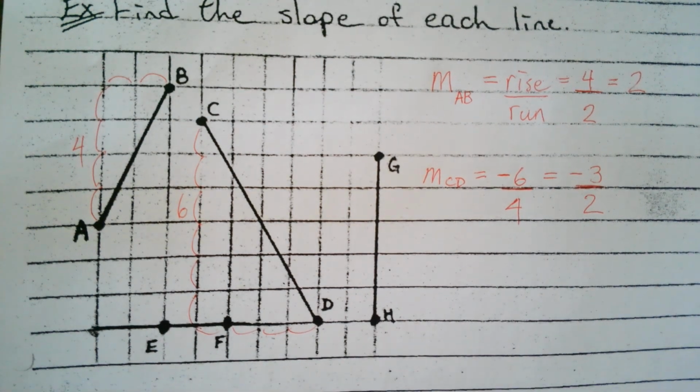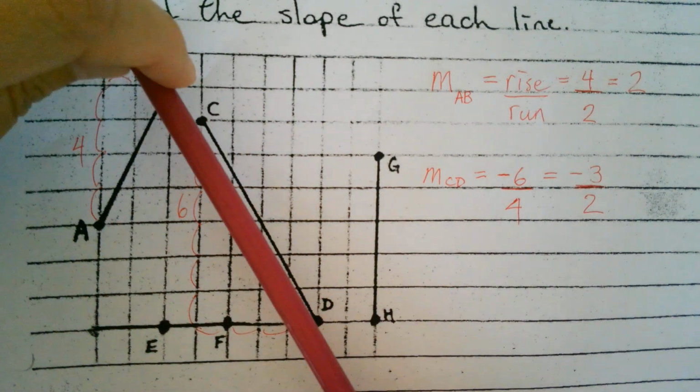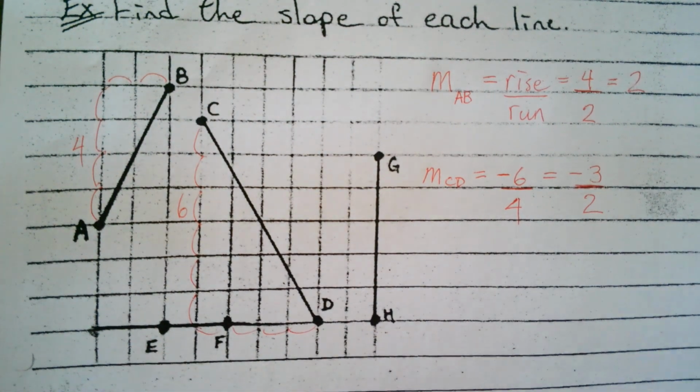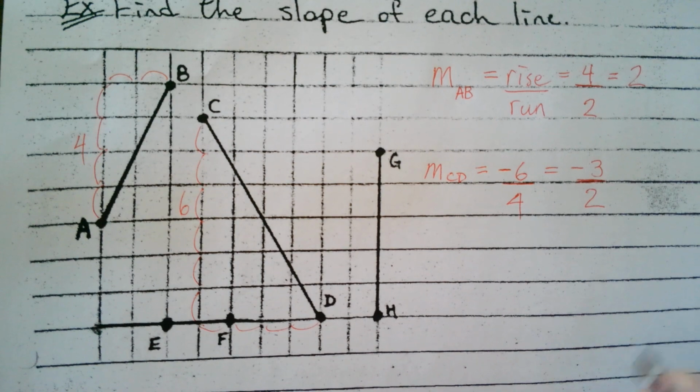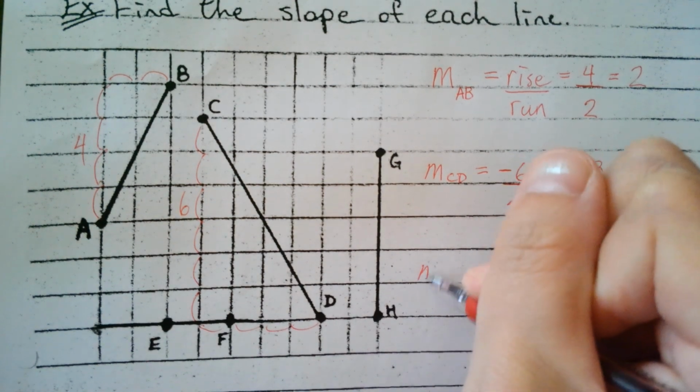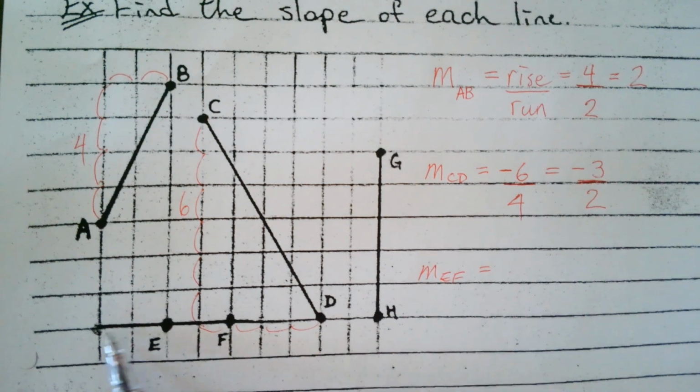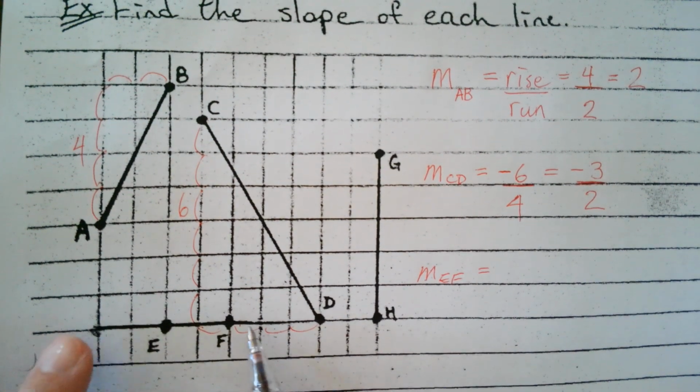Okay. So you see how this line is negative, and you got a negative answer. That's a good sign. Next one, EF. Slope EF. This line right here. Notice it doesn't have to be the endpoints.